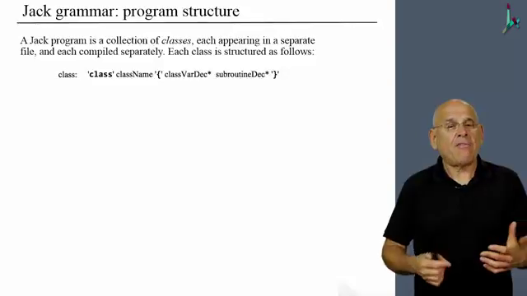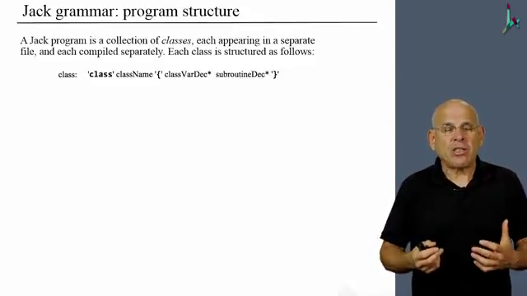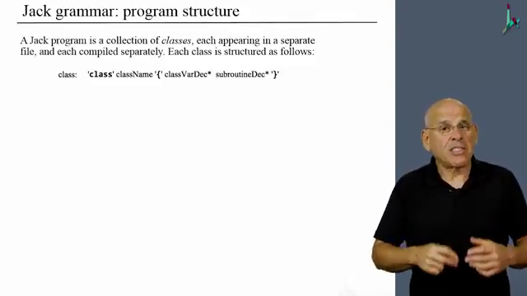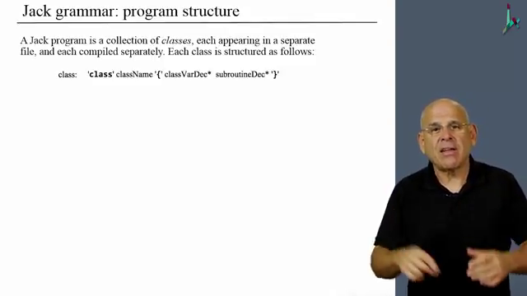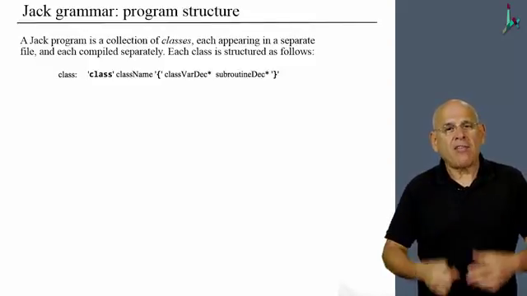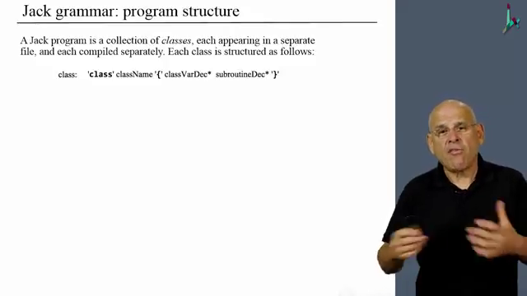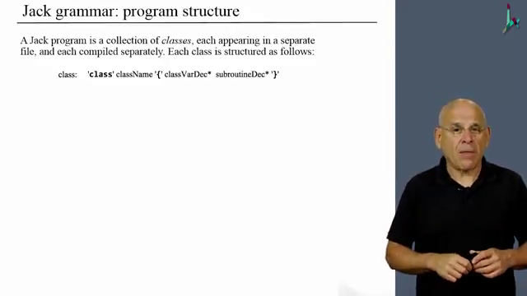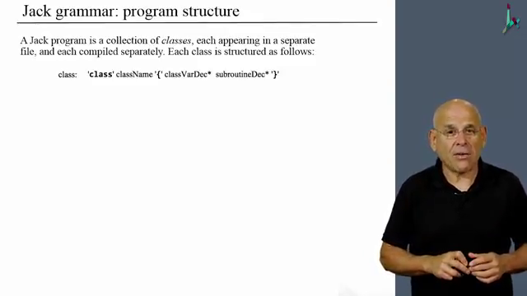Then we may have 0 or more declarations of either fields or static variables. Altogether, we call this class var dec. And then we may have 0 or more subroutine declarations followed by a right curly bracket. So that's what it takes to be a class in Jack.